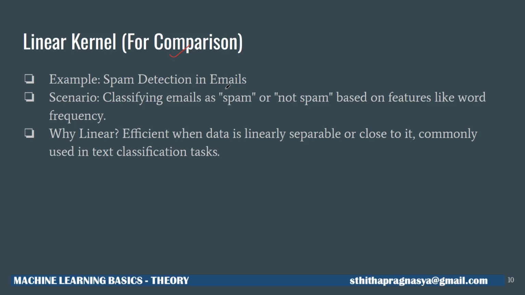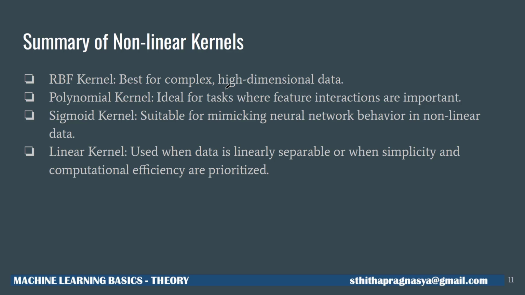If the data is linearly separable or close to it, using a linear kernel is computationally efficient and easier to interpret. Linear SVMs are often used in text classification tasks where higher dimensional data like word counts in emails is typically linearly separable. So those are the different types. I just want to put it there. We are not going to have a step-by-step explanation for this one.